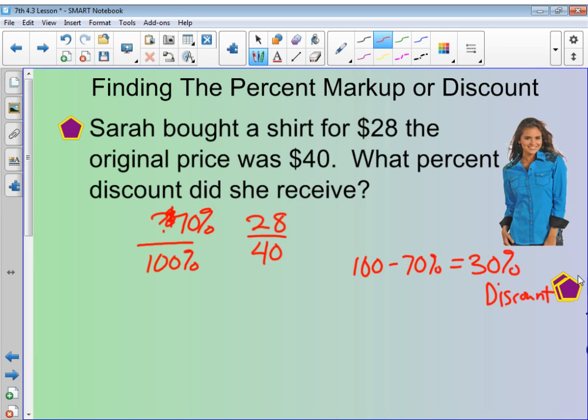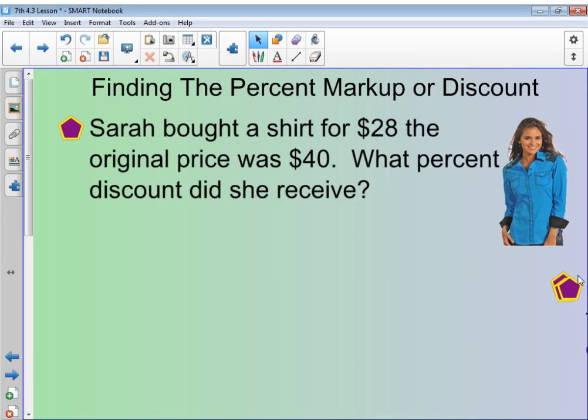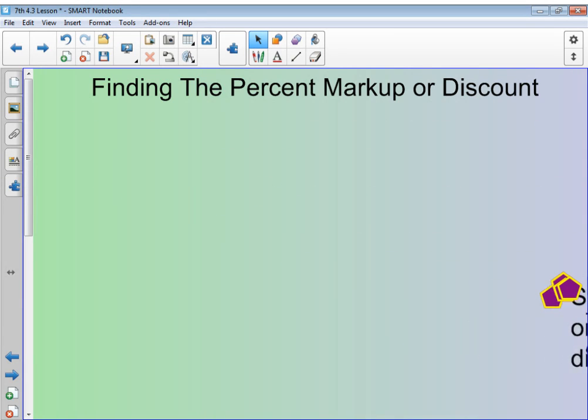Okay, now we're going to work a couple that are markups, and I don't have those pre-done, so I'm going to jot down some information as we do this. Let's say we worked in a jewelry store. You did something like that in your activity for this lesson. Let's say you had originally bought a bracelet for $90.